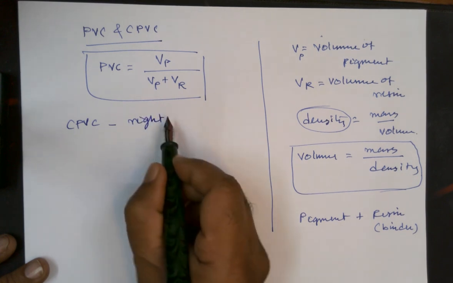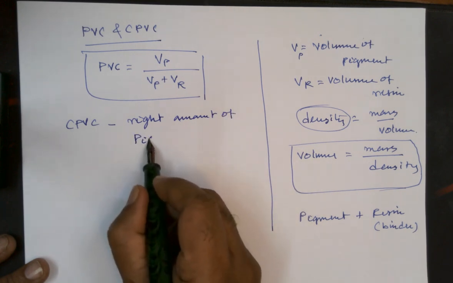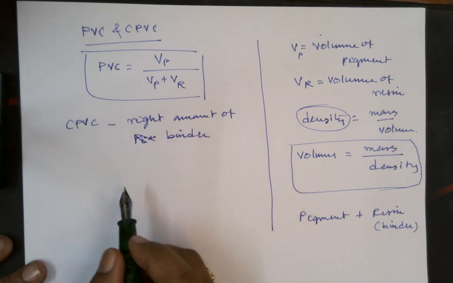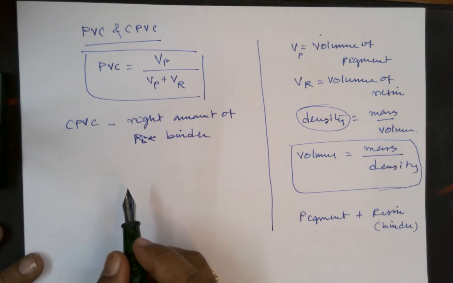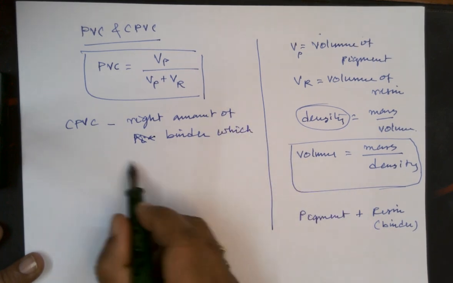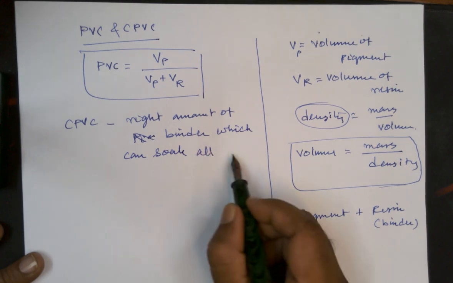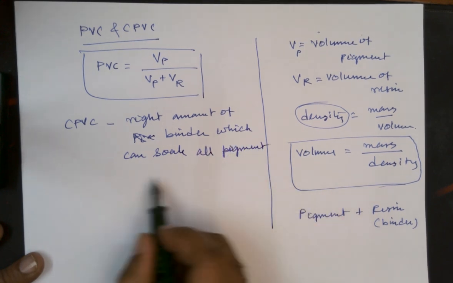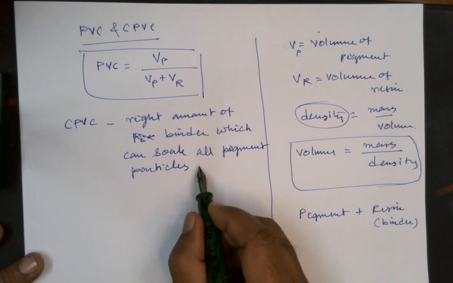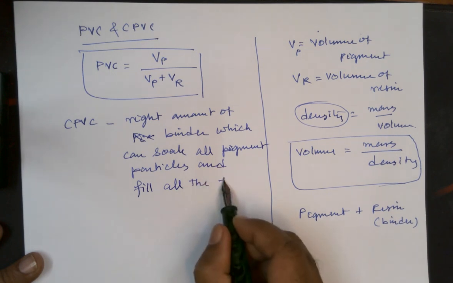The right amount of pigment, the right amount of binder, which can soak all pigment particles and fill all the existing gaps.